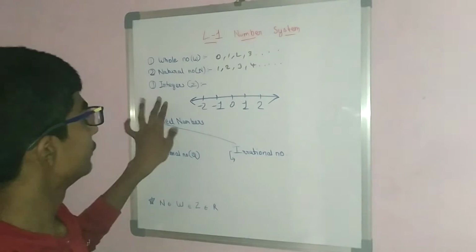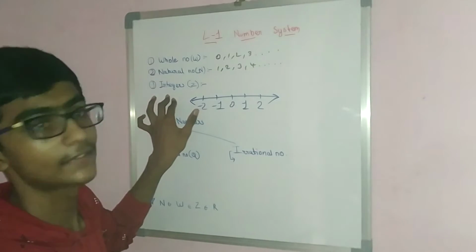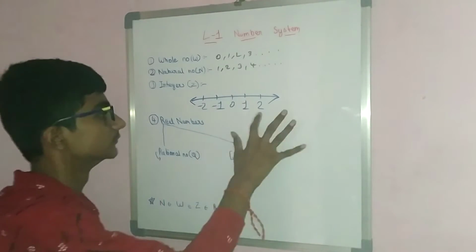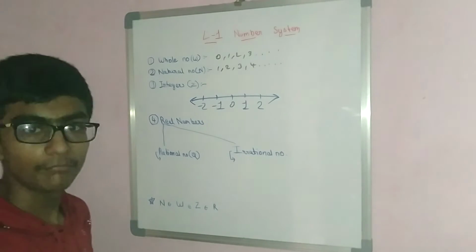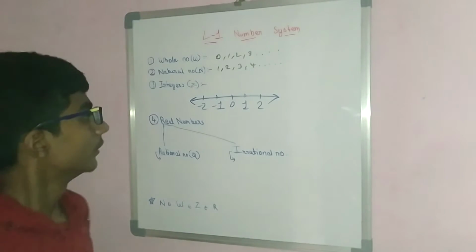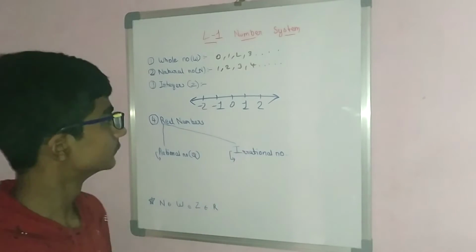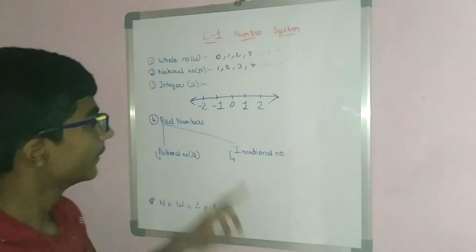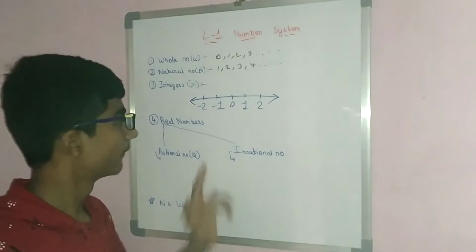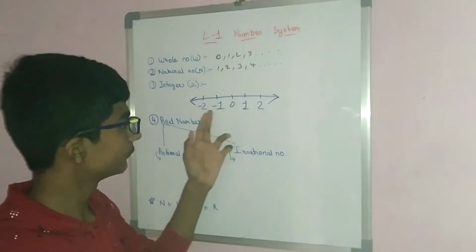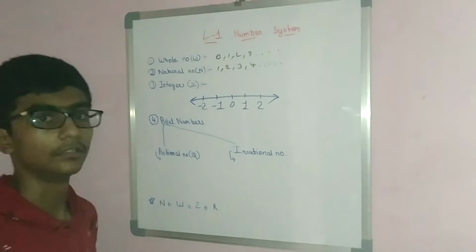Now comes the integers. We denote integers with the symbol Z. Now here's a representation of integers on a number line. On a number line there are two sides, left and right. The left side is of negative numbers, the right side is of positive numbers. So what about 0? 0 is neither positive nor negative, it's neutral.